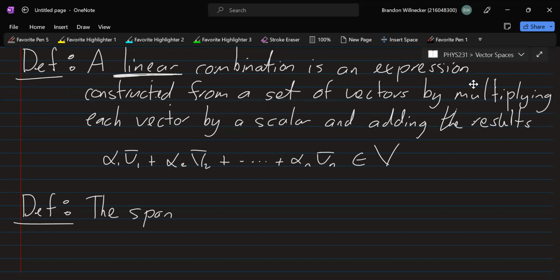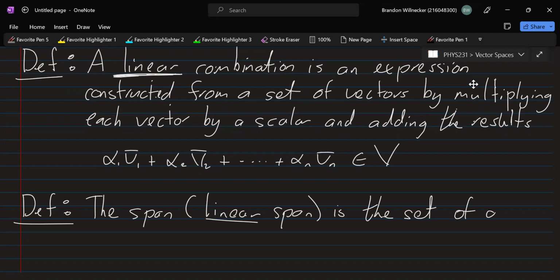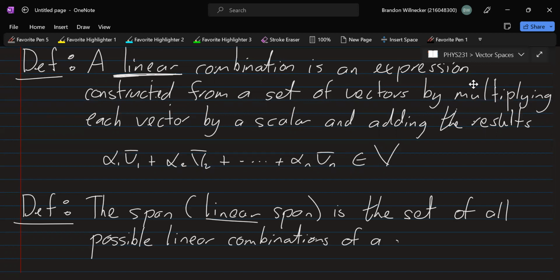So the span, also called linear span, again, this word linear. Okay, so the span or linear span is the set of all possible linear combinations of a given set of vectors.